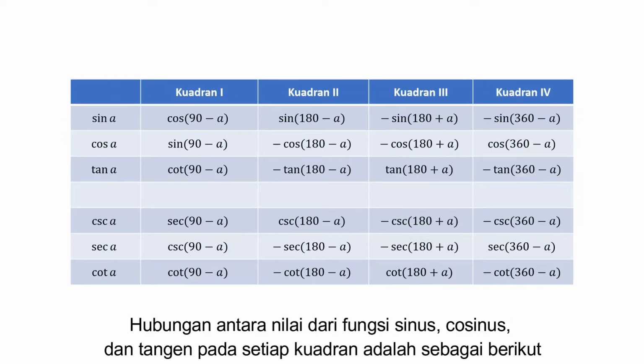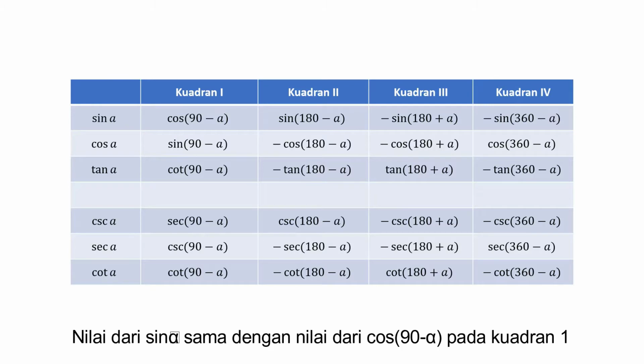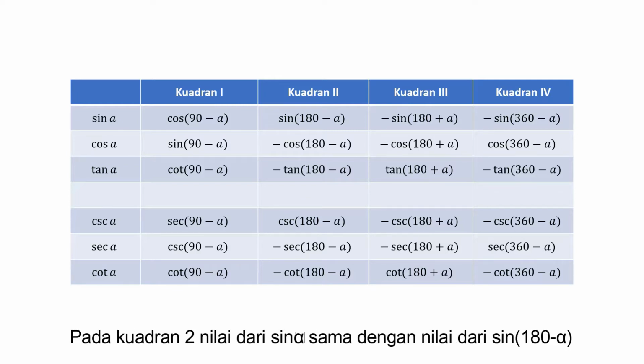The similarity between the values of sine, cosine, and tangent functions in each quadrant. The sine value of alpha is the same as the value of cosine 90 minus alpha in quadrant 1. In quadrant 2, the sine value of alpha is the same as the value of sine 180 minus alpha.